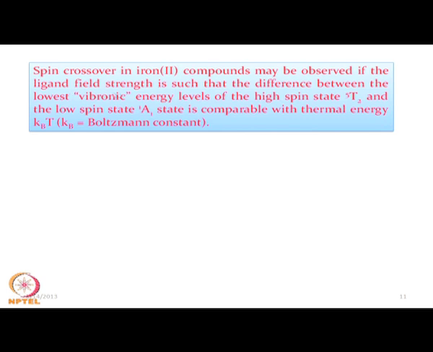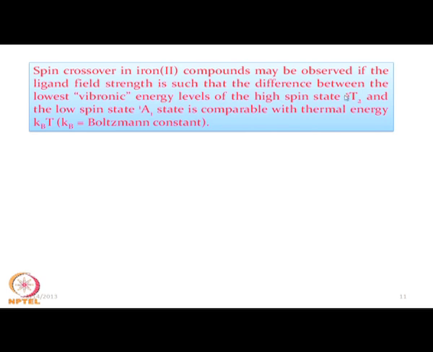can be observed if the ligand field strength is such that the difference between the lowest vibronic energy levels of the high spin state, which is 5T2, this is the corresponding spectroscopic term related to the occupancy in the t2g and eg level.